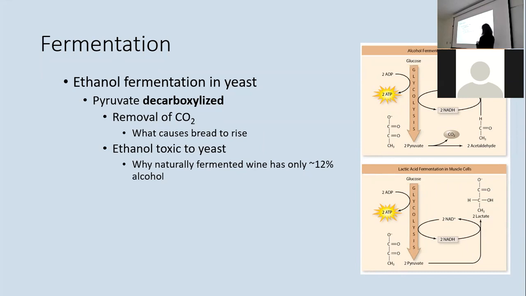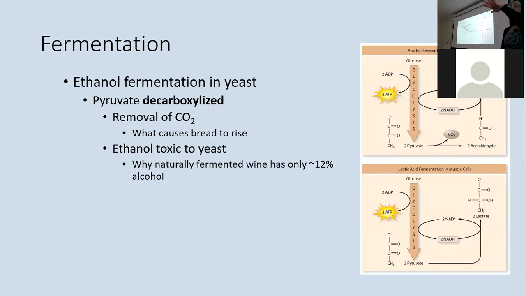Now, the kind of ironic twist to this process is that yeast are producing ethanol as a byproduct. It's a waste product, and it is toxic to the yeast. So normally, out in the environment, the ethanol would be released into the environment, not a problem.